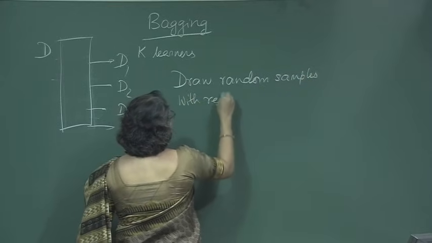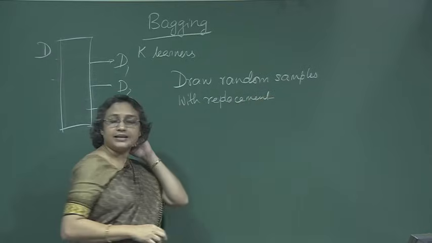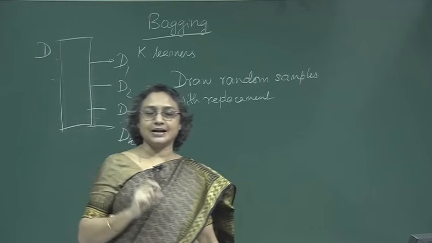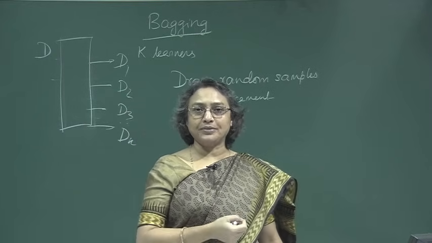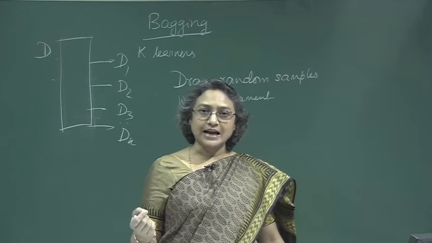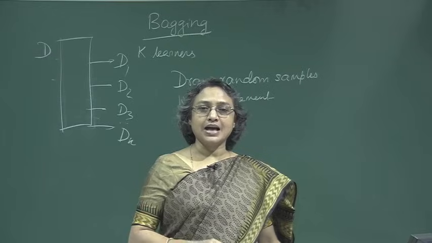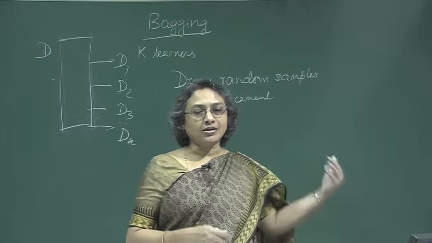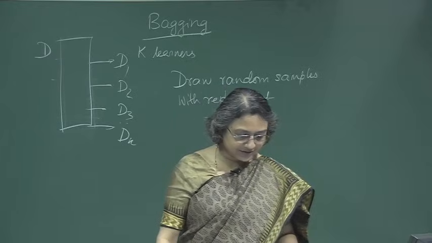For example, if we desire that each Di will have m examples, we randomly draw m samples from D with replacement. That is, we can have the same instance repeated several times, and some instances may not appear in a particular Di, and so these Di can be different.